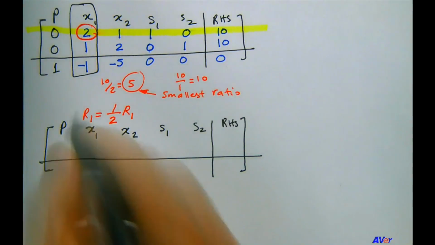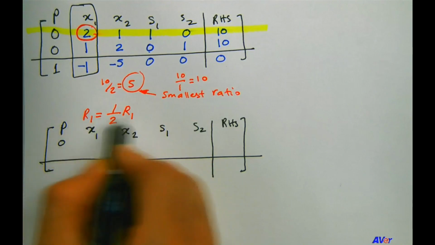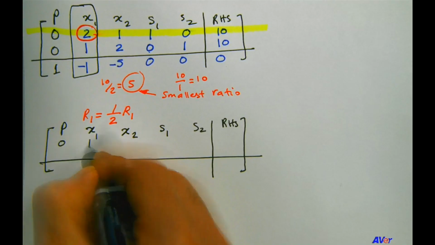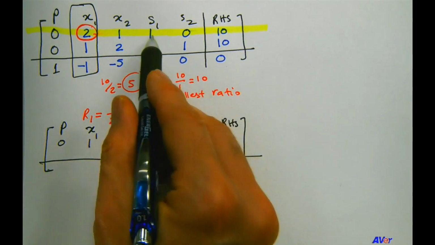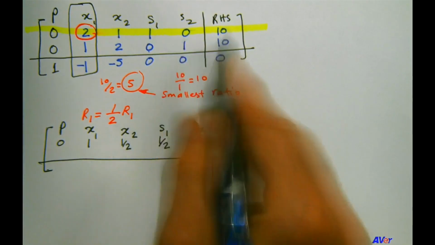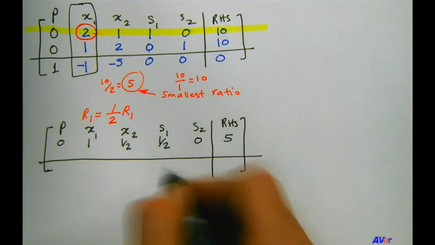Okay. So 1/2 times 0, 0. We're just doing this row operation. 1/2 times 2, 1. 1/2 times 1, 1/2. 1/2 times 1, 1/2 again. 1/2 times 0, 0. 1/2 times 10, it's going to be 5.